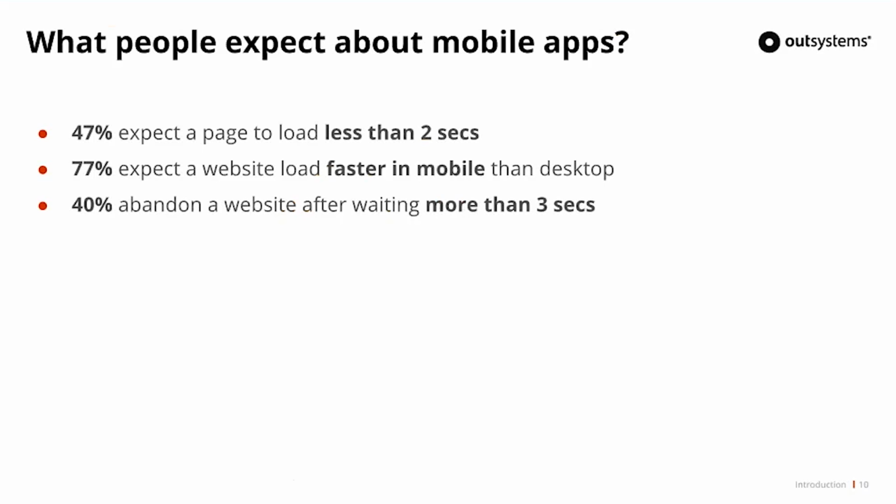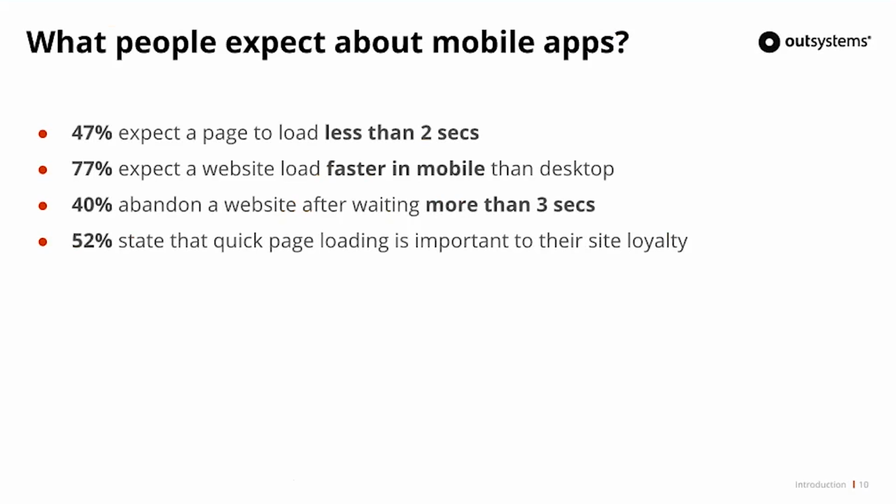If a web page is not loading in less than 3 seconds, probably I'm going to change my application and look for another one which has the same characteristics that I'm looking for. So the loyalty to an application or website is managed by the loading of the page and how fast that application is.